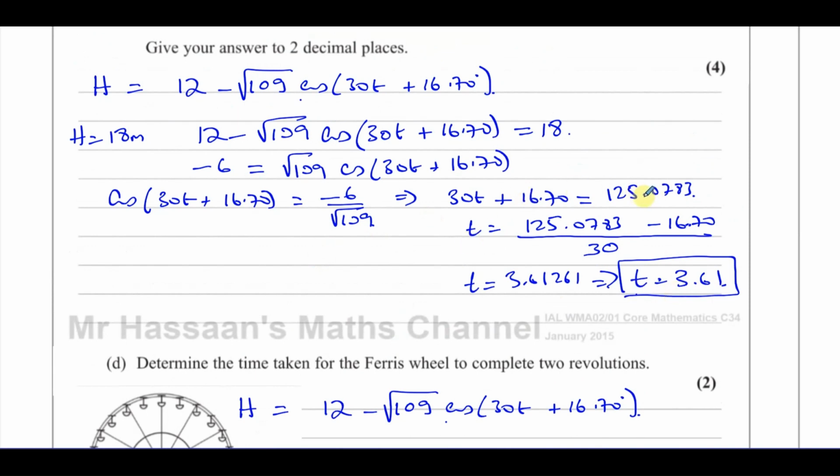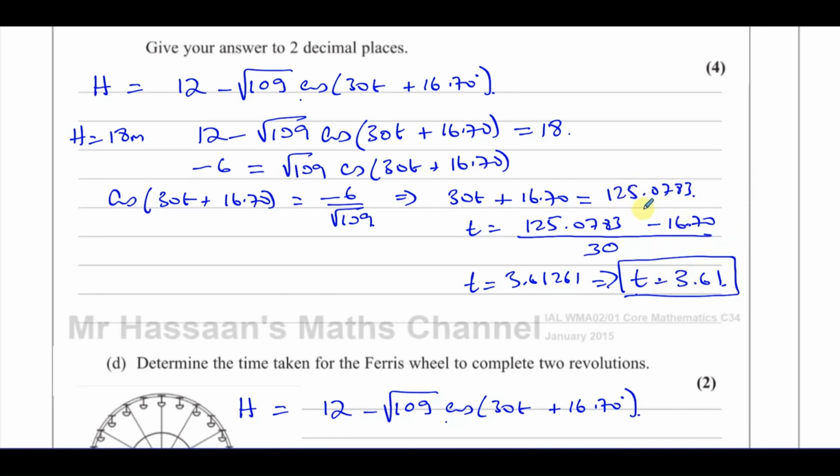So I would say, okay, this is the first time it reaches 18 meters. Let's find how long it takes to reach 18 meters the second time, the next time it reaches 18 meters, and then we can double that time. You find out how long it takes between getting to 18 meters the first time and the second time. So you find the second time, subtract the first time, and then double it.